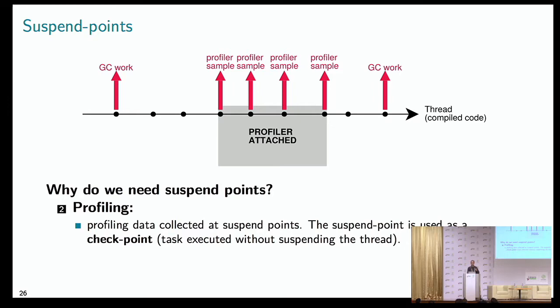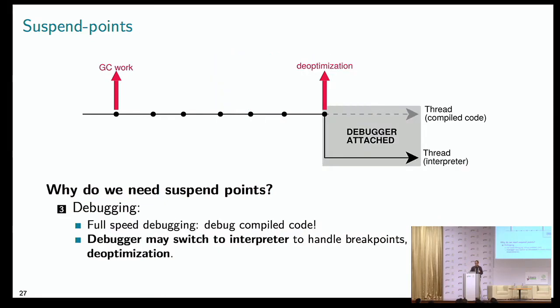Another reason why they are used in ART is for profiling. If you attach your profiler to a running Java application, suspend points can be used to instrument the code. Whenever you reach a suspend point, the runtime will record where you are in the code so that you can collect some profiling data, which will generate your final profiling report. Another reason, as I said, is for debugging.